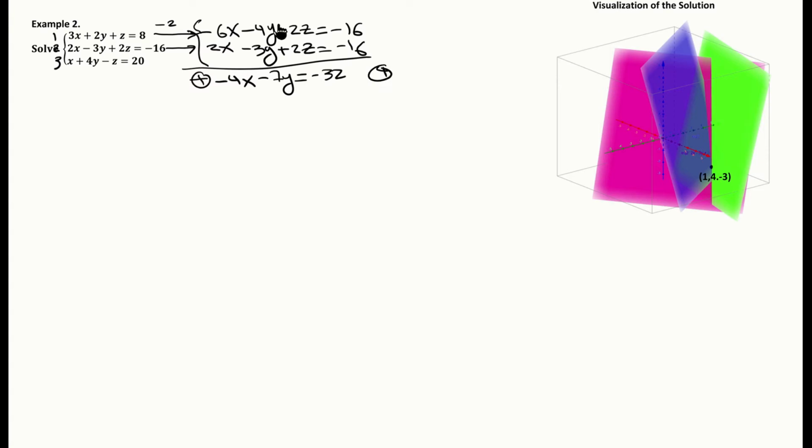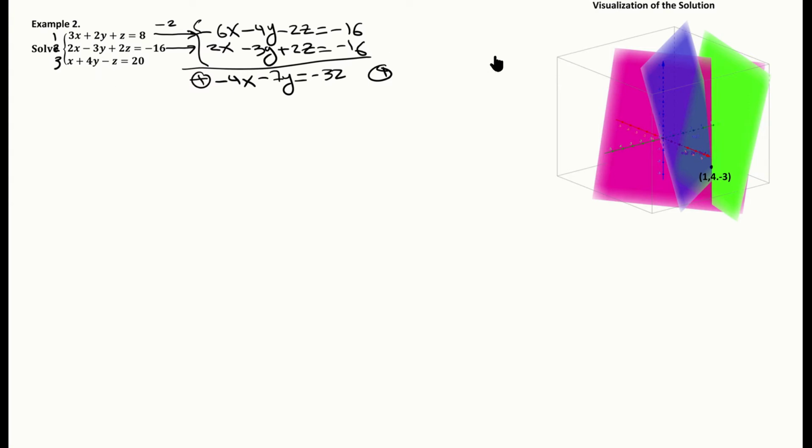Now we're gonna do the same thing in the sense that we will eliminate z again, but this time from equations 2 and 3. So that seems to be quite simple. We just need to multiply equation 3 by 2, and that should get the job done.